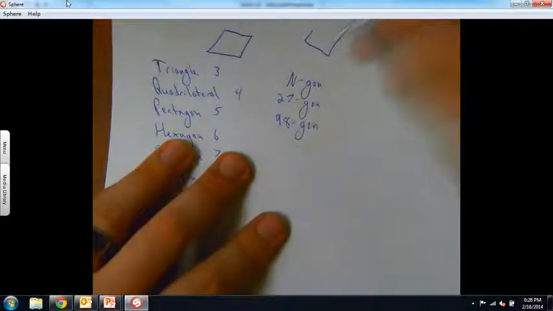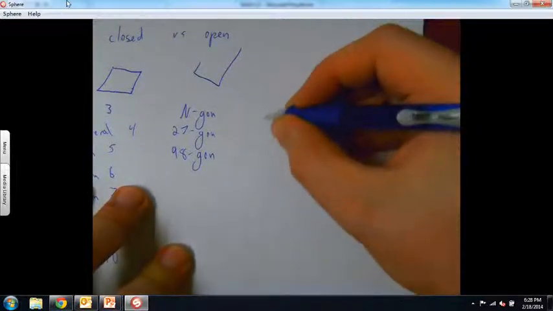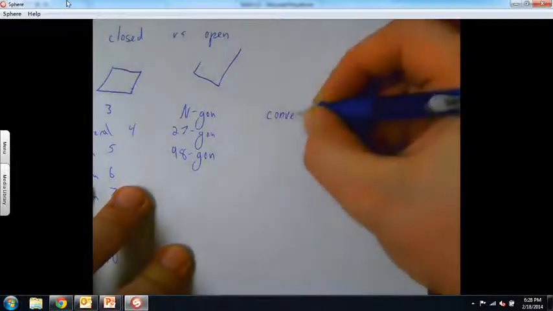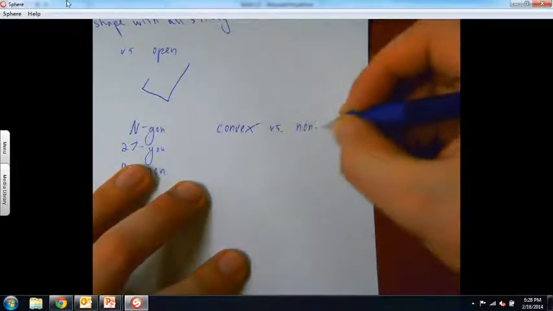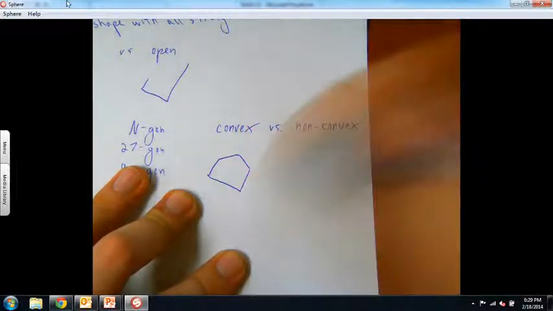Now, one last thing we need to worry about is if it is a convex versus a non-convex polygon. So here's the difference. Once again, a convex polygon is similar to polygons you've seen. So there's the simple pentagon.